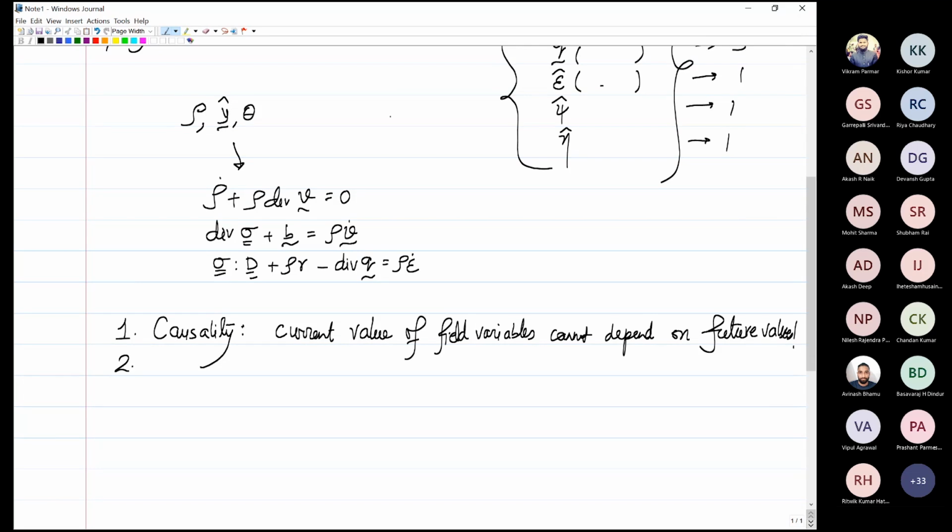Okay. The second thing is the field equations that we have up there. The constitutive equations should not violate the field equations.